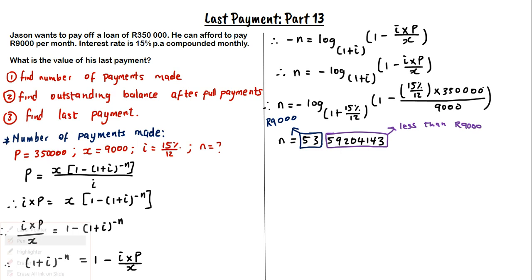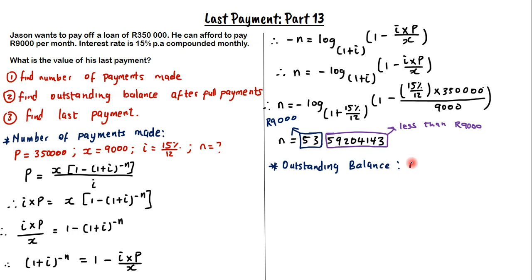So in order for us to do that, we're going to go into the next step, which is the outstanding balance. Now we want to check this outstanding balance after the 53rd payment of this 9,000 rand.